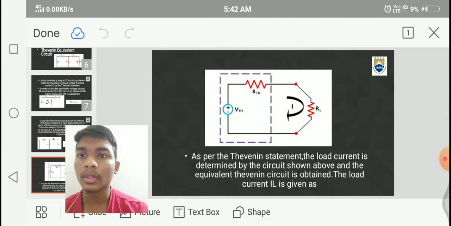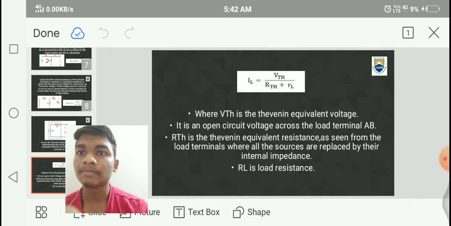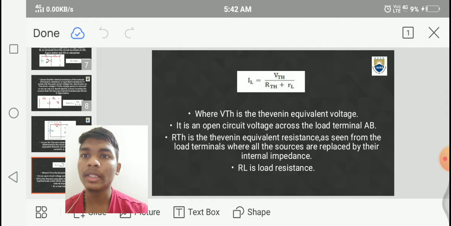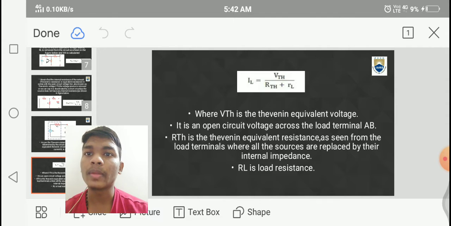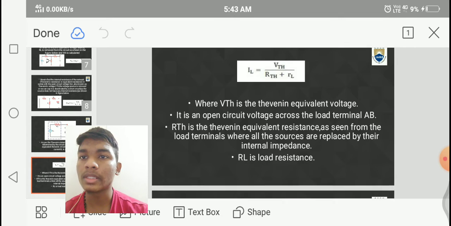The load current IL is given as IL equals V Thevenin by R Thevenin plus load resistance, where V Thevenin is the Thevenin's equivalent voltage. It is the open circuit voltage across the load terminals AB. R Thevenin is the Thevenin equivalent resistance as seen from the load terminals, where all the sources are replaced by their internal impedance. RL is the load resistance.